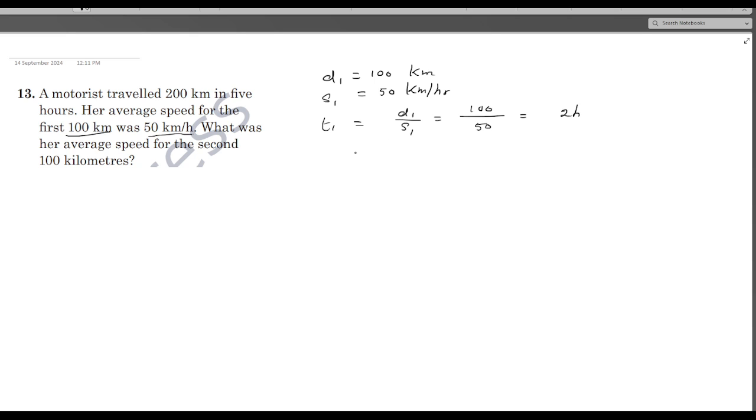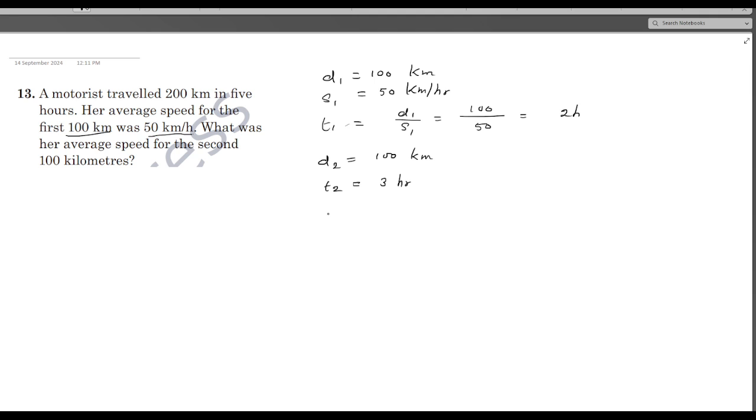The next 100 kilometer, your d2 is 100 kilometer. Your t2 is 3 hours, because the total time is 5 hours.